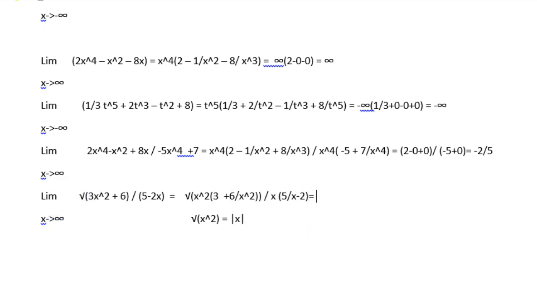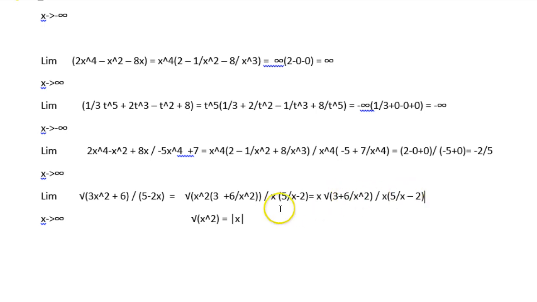So we can go ahead and write out x times the square root of 3 plus 6 divided by x squared, divided by x times 5 over x minus 2.